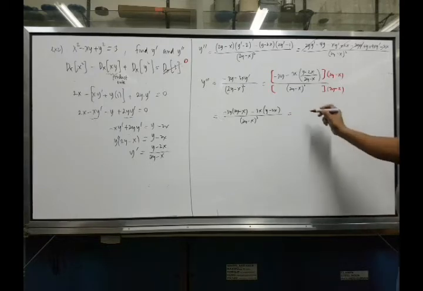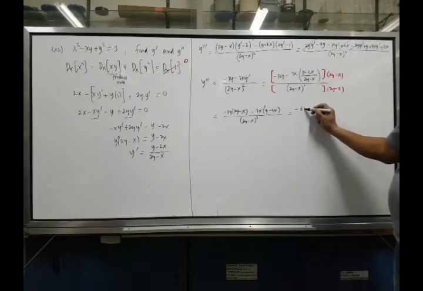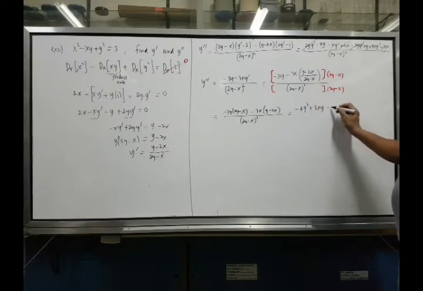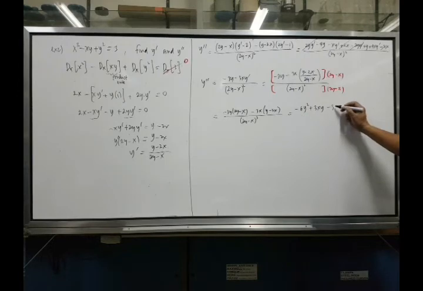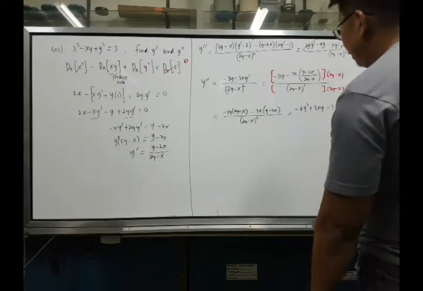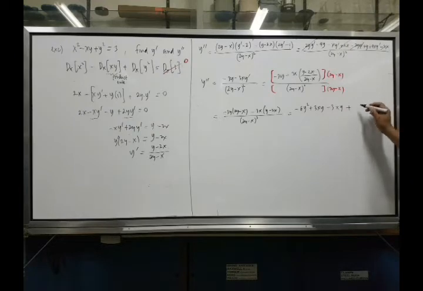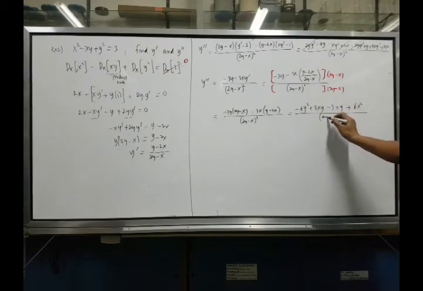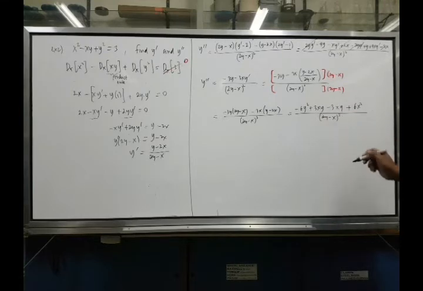So let's distribute. So this negative 6y squared plus 3xy minus 3xy, and then plus 6x squared, and divided by (2y minus x) cubed.